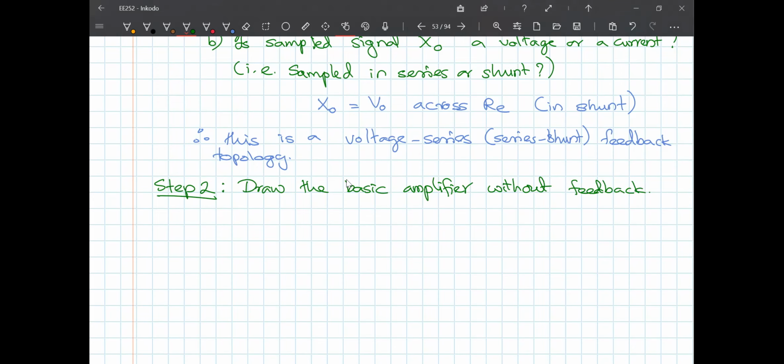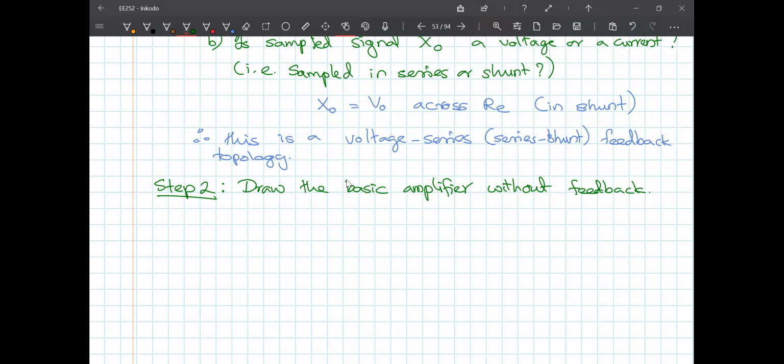What we are trying to do is, instead of analyzing the circuit with feedback, we are going to analyze the simpler case without feedback, and identify the value of A without feedback and the value of the feedback amount beta in the circuit.